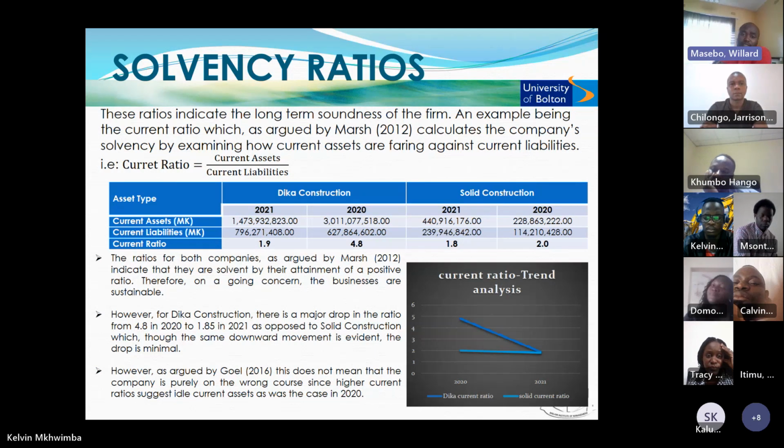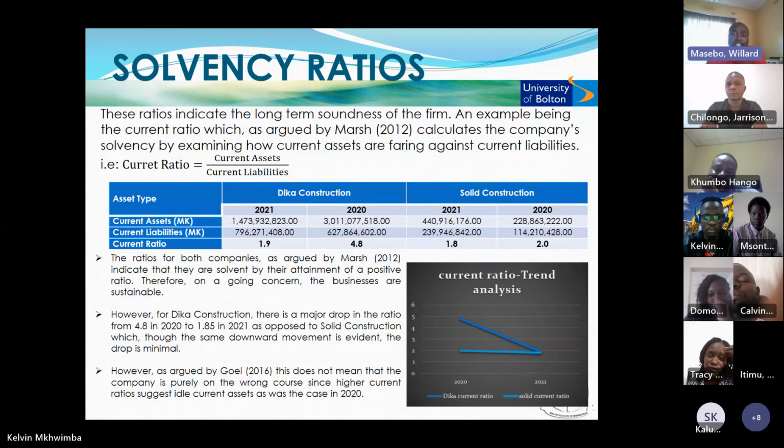As argued by March 2012, the company's current ratio can be determined by looking at its current assets over its current liabilities as a mathematical representation. If you go to the table, I've tabulated the information from the data we got, summarized into the table.